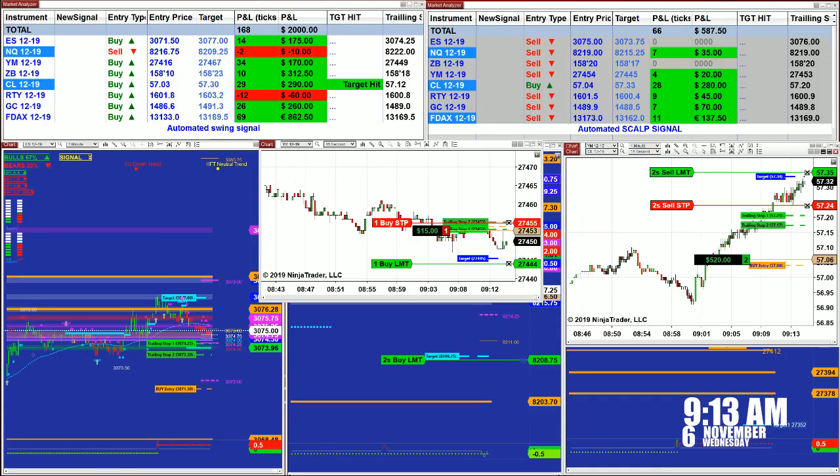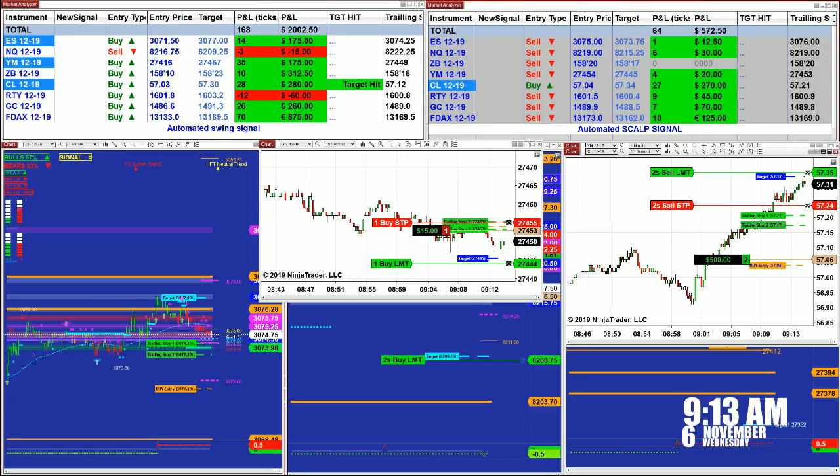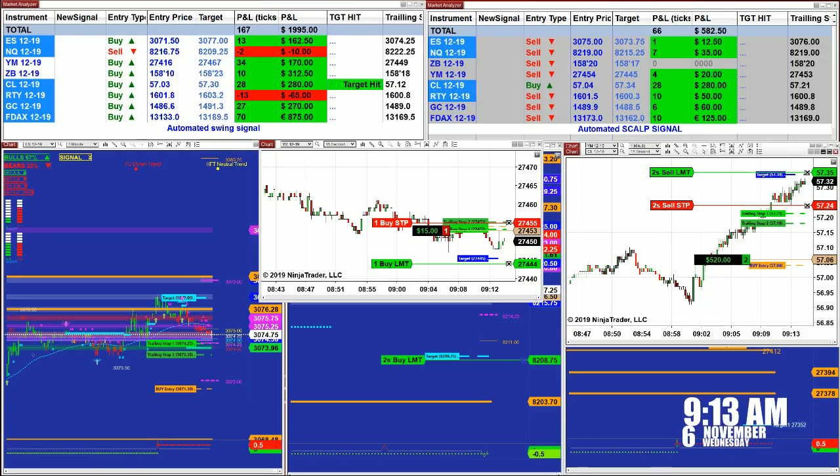We are one tick away from 520, and now the system raised it another tick. It's trying to get greedy for you. It's 57.35 right now, trying to close that trade on 35. If the market goes up, it'll try to raise the stake. If the market starts sinking, it's going to lower it and try to chase it and close it.